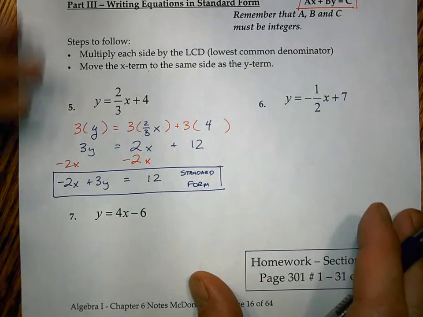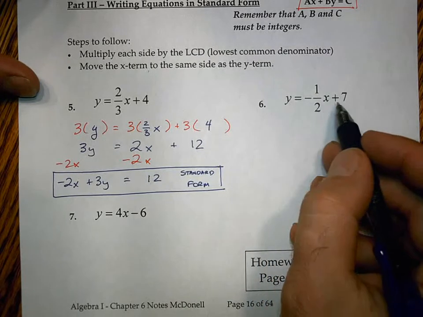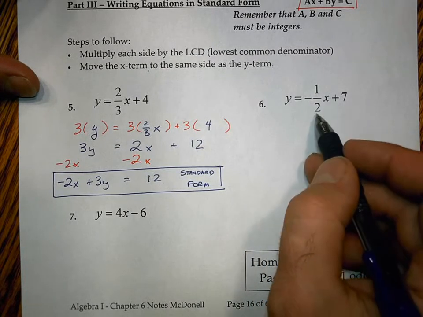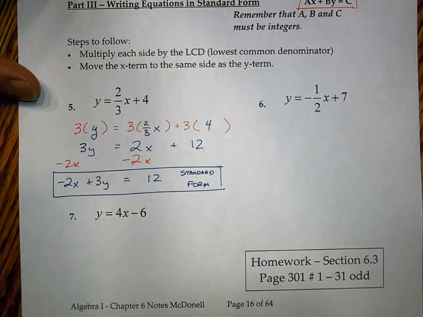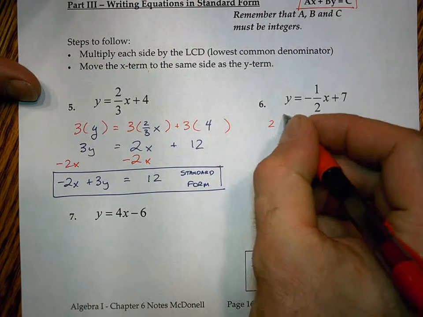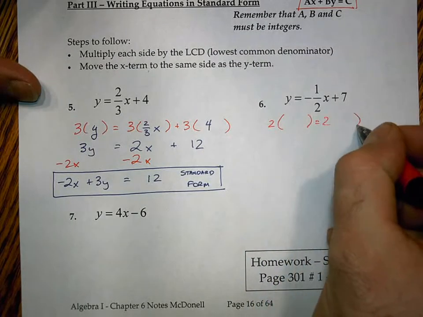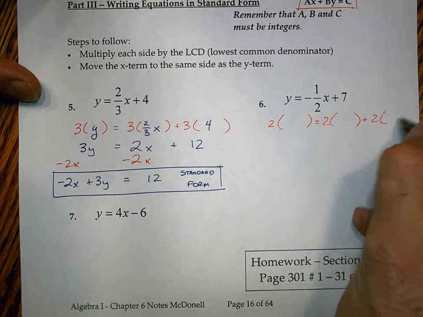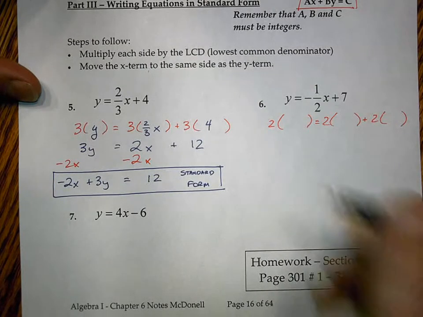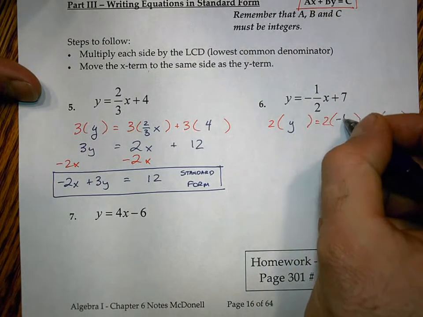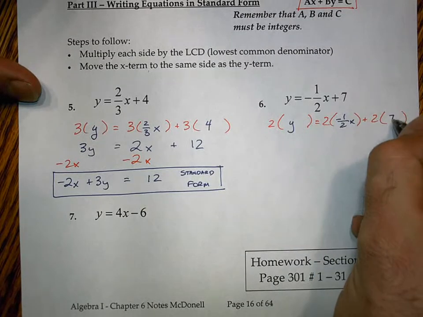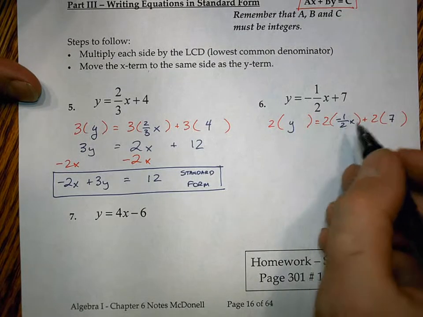Our next one, we have y equals negative 1/2 x plus 7. The denominator is a 2, so I'm going to multiply everything by 2. So I put in my original equation, y, negative 1/2x, and 7. Notice I put the negative on the top.